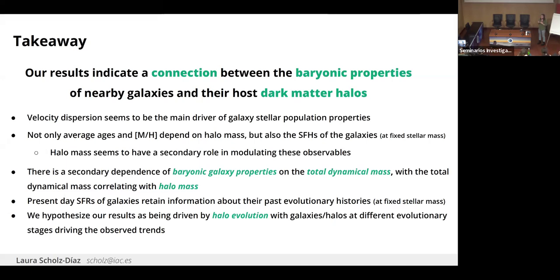In this sense, these galaxies and halos being in different evolutionary stages would be driving the observed trends that we see today for all of these observables. Okay, so with that, thank you, and I finish.